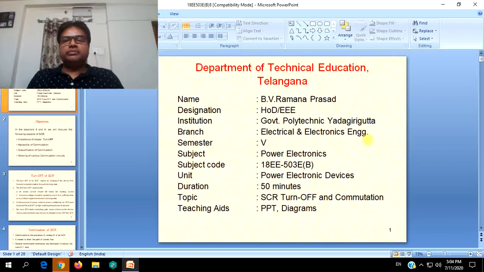And apart from all those power electronic devices which we have discussed, there are many more power electronic devices with different ratings which will be suitable for different sorts of applications.